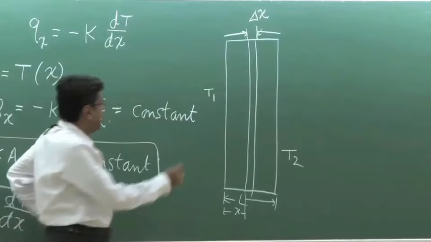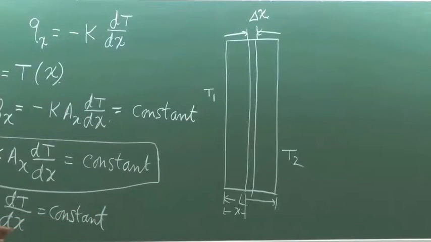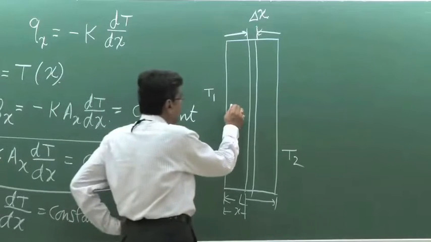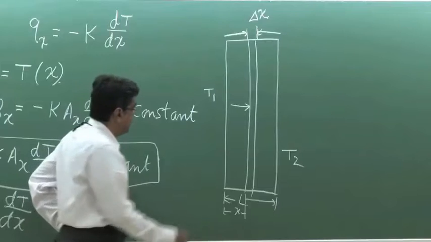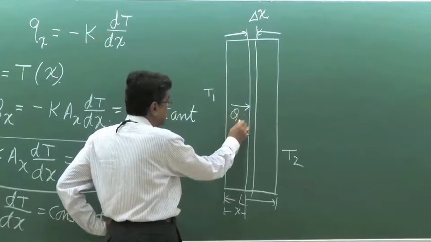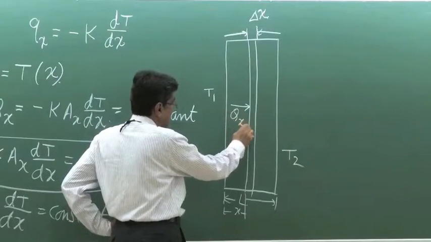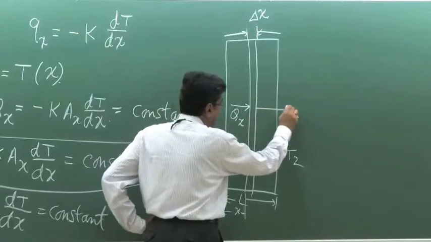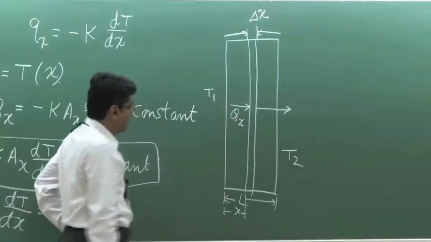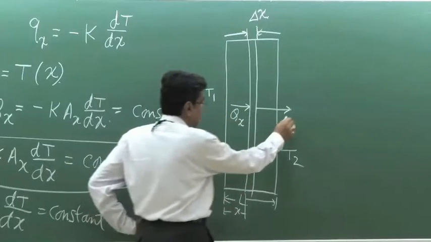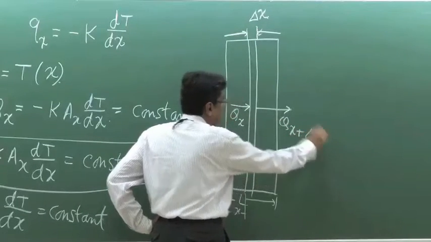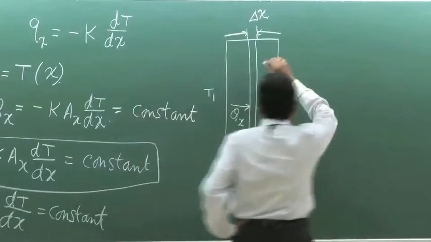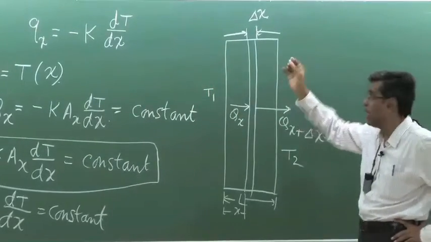This is the most simple way of looking into it: if the total heat flux at the left side of this elemental volume is Qx, and if I designate the heat out from the right face at x plus delta x as Qx plus delta x, then I can write the same thing in a different way.